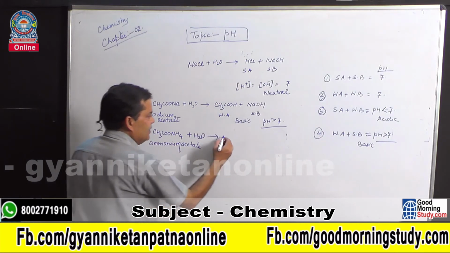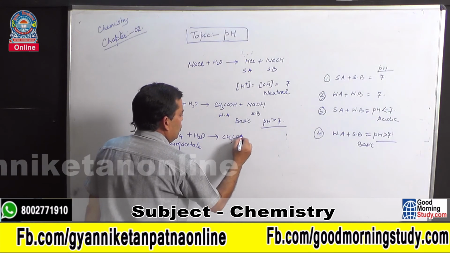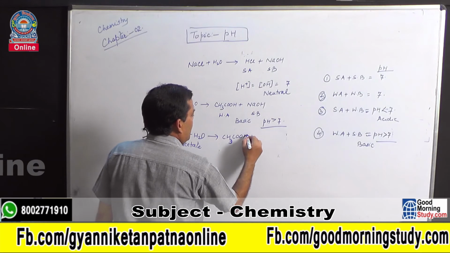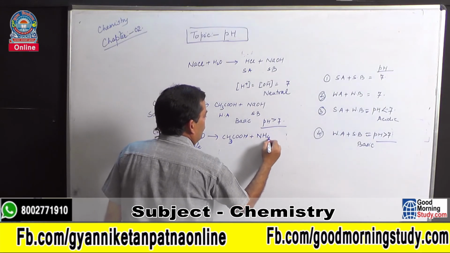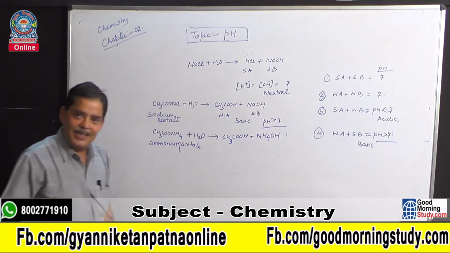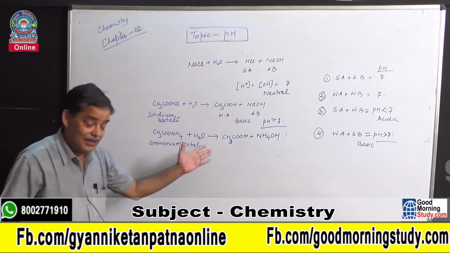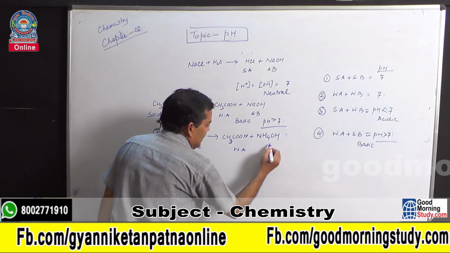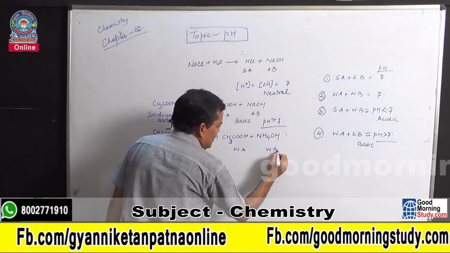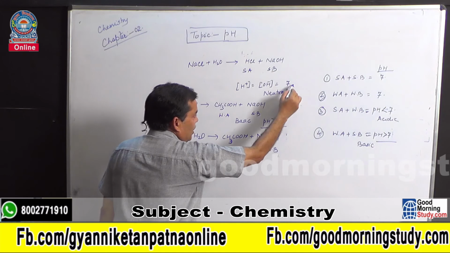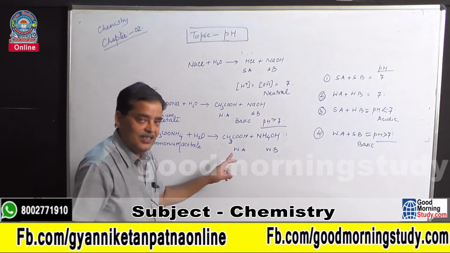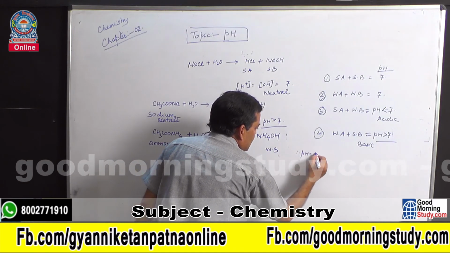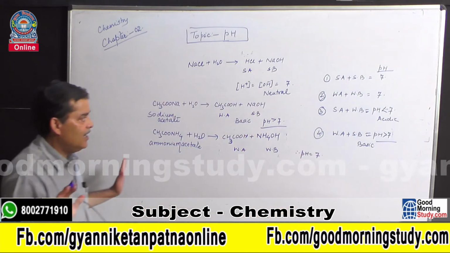The corresponding acid and base will be CH3COOH plus NH4OH. So let us see the condition. CH3COOH is a weak acid and NH4OH is a weak base. So in this case also the H plus ion concentration is equal to the OH minus concentration, hence the pH will be 7.